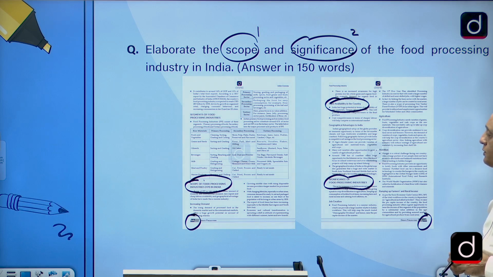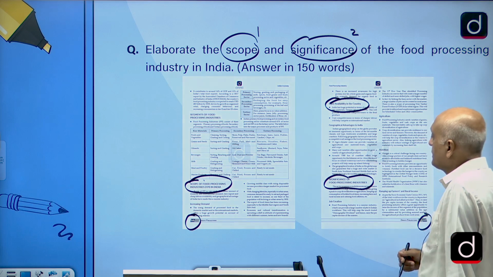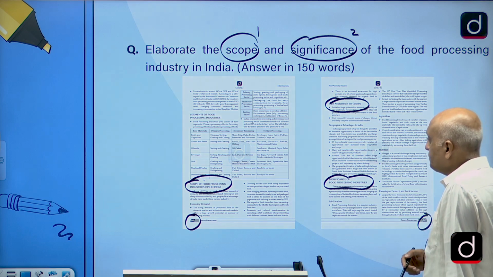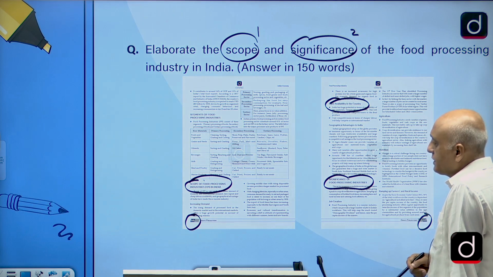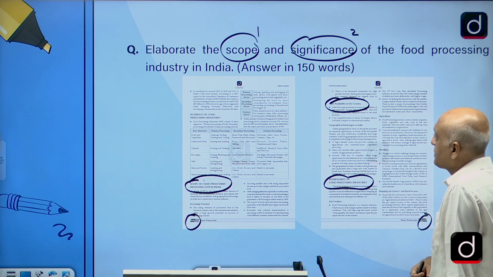So a lot of scope increases if you move to remote areas and start food processing industries. Then there is a huge human resource also available, and there is global demand. Urbanization is changing patterns even in rural areas now. So these are some factors which increase the scope of the food processing industry in India.